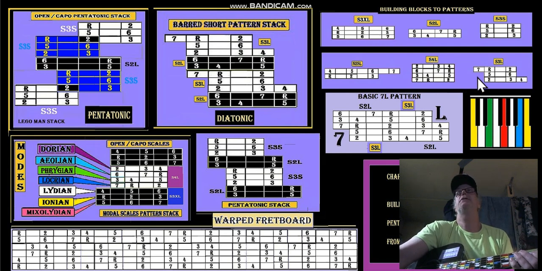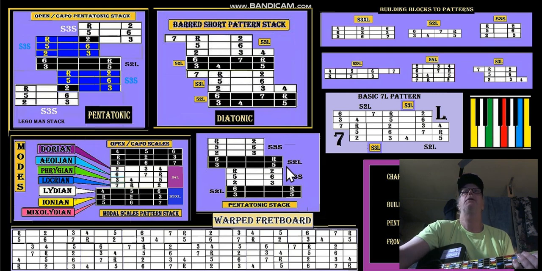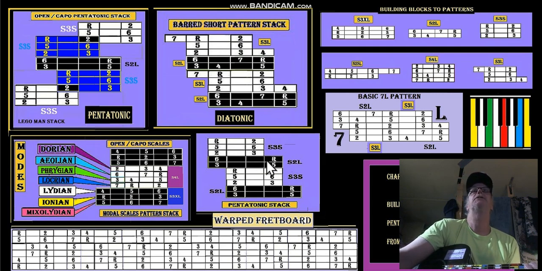I want to explain this chart. So this S4L actually starts on 7R2, which is the top member of the building block S3L. Okay, then it goes into an S2L, which is the stack of 2 long, 3, 4, 5, 6, 7R, right there, and then the top of this is just this stacked on top of that, and that's what that pattern stack is.